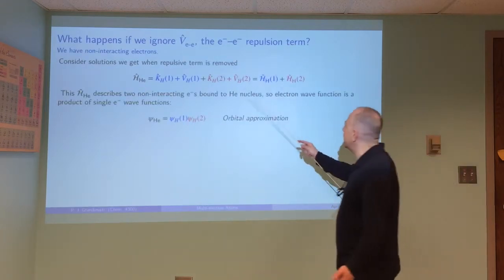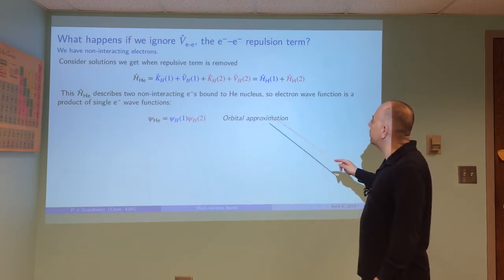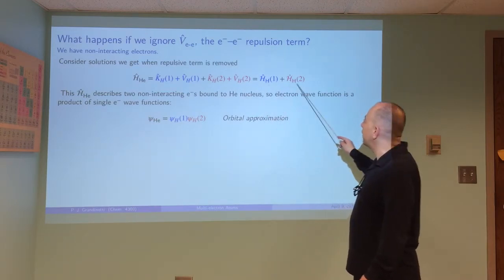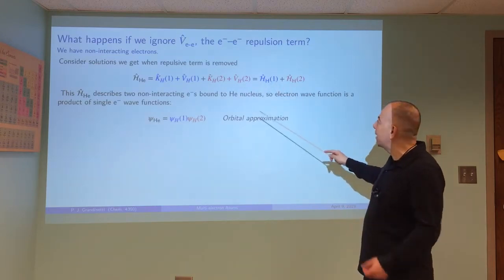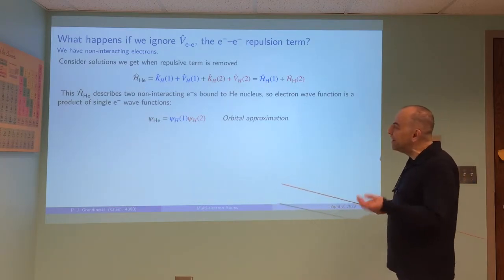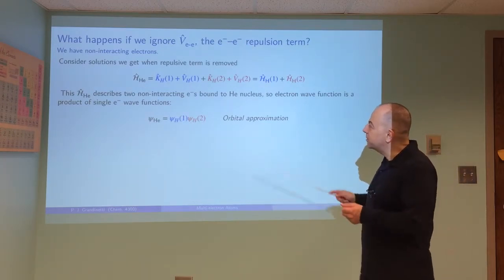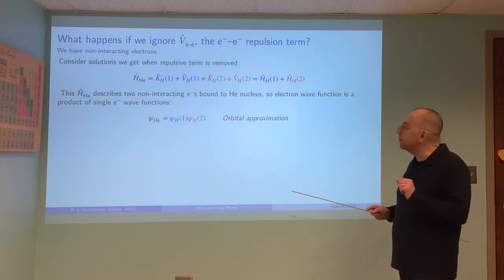So effectively now you can see that I can write this as just the sum of two Hamiltonians, one for electron 1 and one for electron 2, and there's nothing in this Hamiltonian that knows about electron 2 and nothing in this Hamiltonian that knows about electron 1. So what we have here is two non-interacting electrons bound to a single helium nucleus.